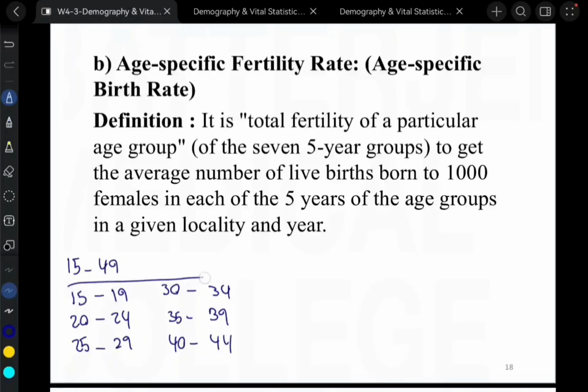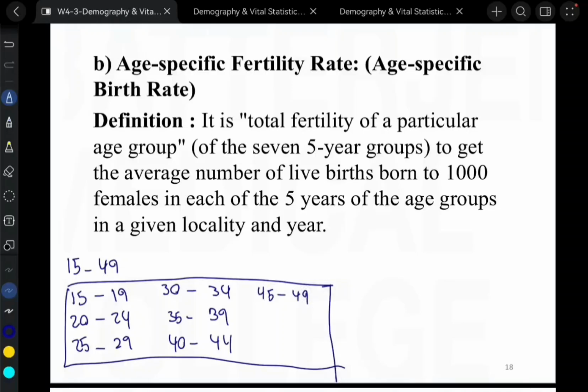So far we have 6, and we end with the last of the 7, which is 45 to 49. These are the 7.